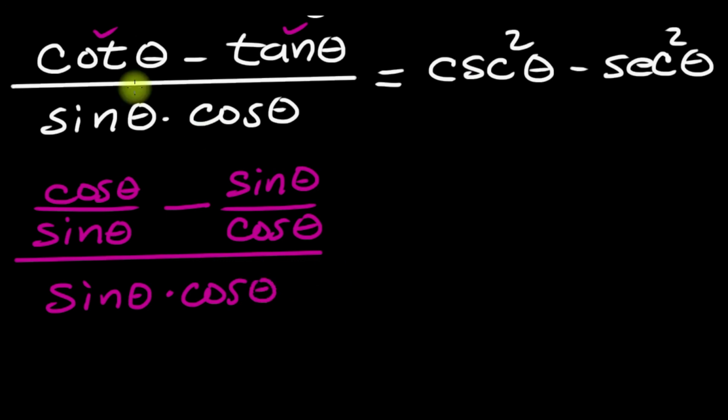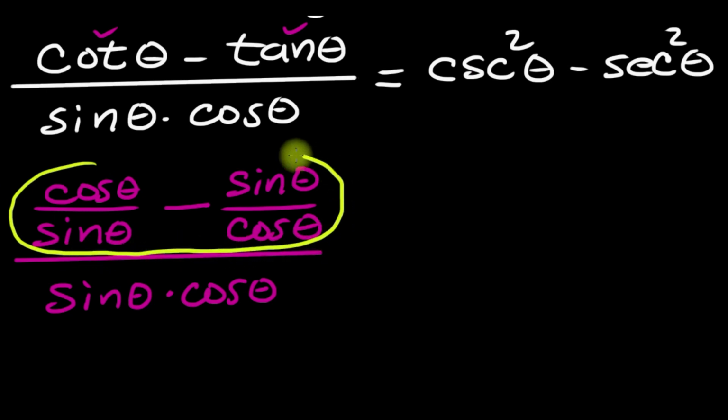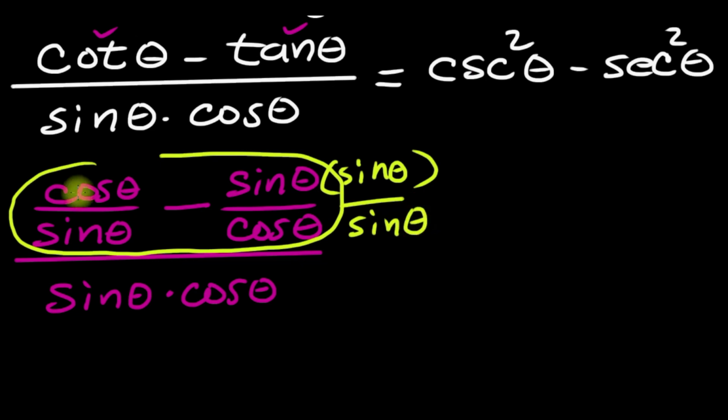Okay, so here we have to work out the numerator, right? Because we subtract two fractions. So in order to subtract, you need a common denominator. So you need to multiply this by sine over sine. And you need to multiply this by cosine over cosine.